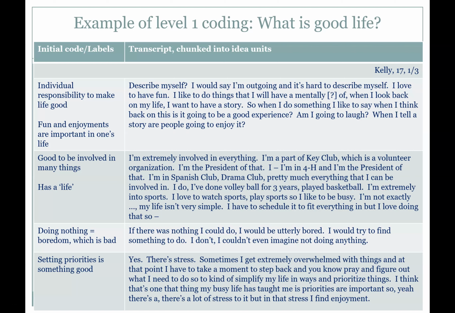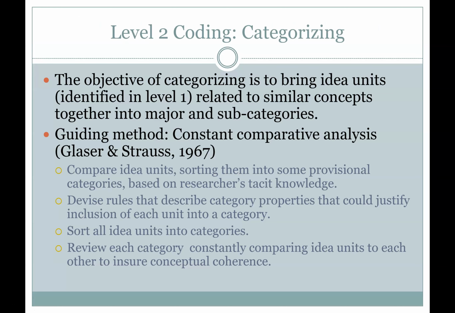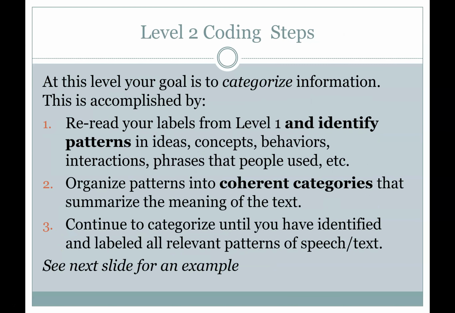I'll post this without the audio so you can go back and look at it. You want to get major big ideas grouped or coded together, and underneath those you can have subcategories. When you get to step 2, you're trying to organize these into categories so they make sense to you.